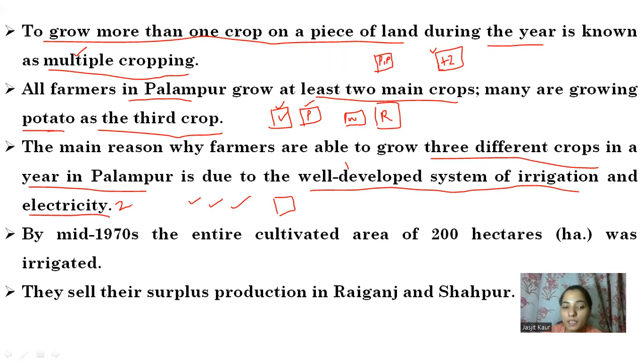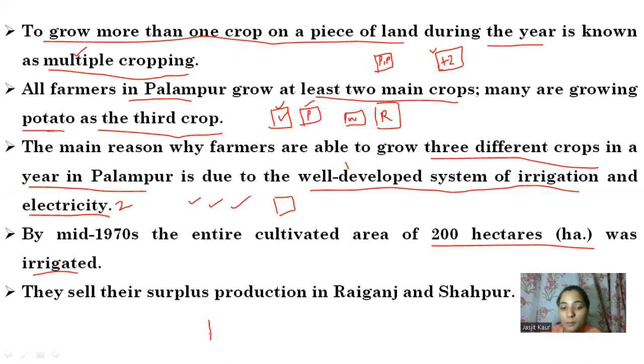By the mid 1970s, the entire cultivated area of 200 hectares was irrigated. So in village Palampur, the 200 hectare area was irrigated. And they sell their surplus production in Raiganj and Shahpur.